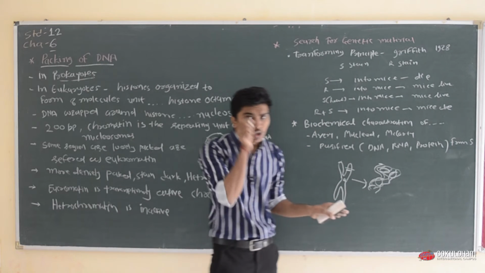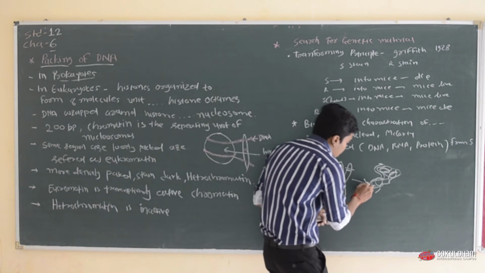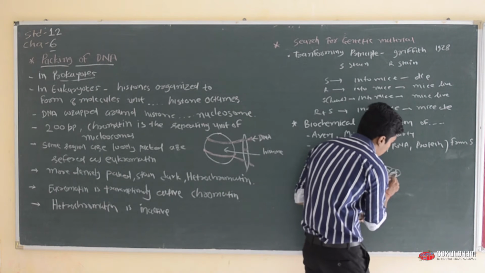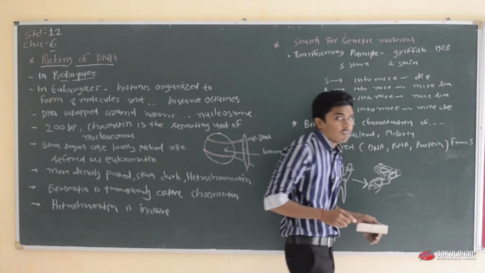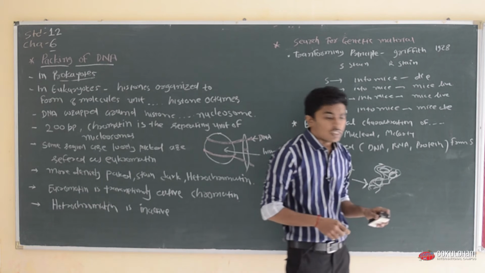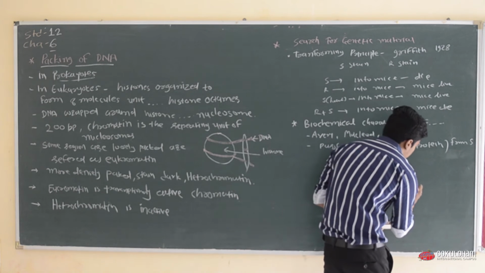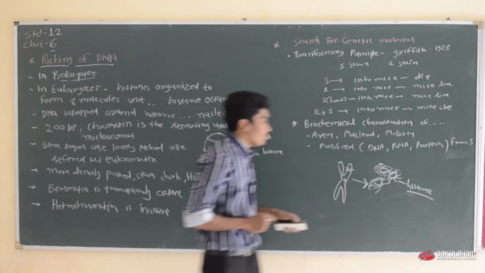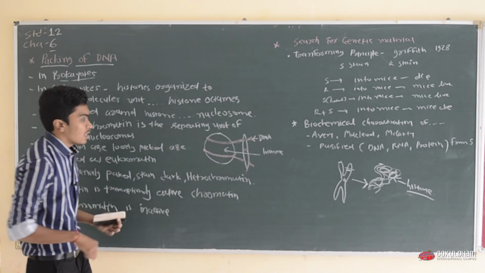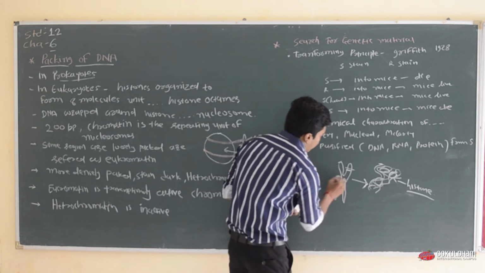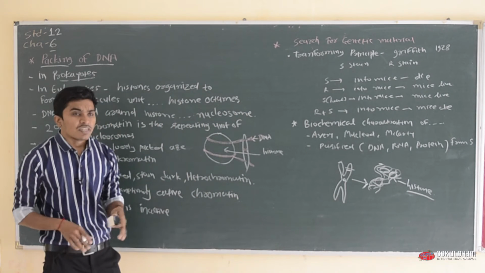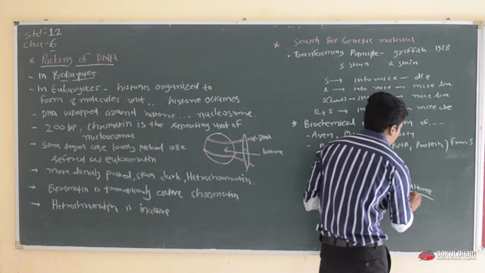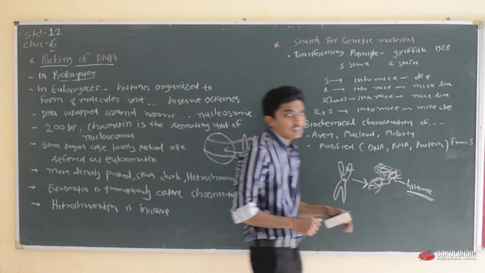By zooming into this chromosome, we will be able to see that the double stranded DNA is wrapped around a protein called histone protein. That can be asked in the exam: in a cell, DNA is packaged with which kind of protein? This is histone protein, and this histone protein is positively charged.